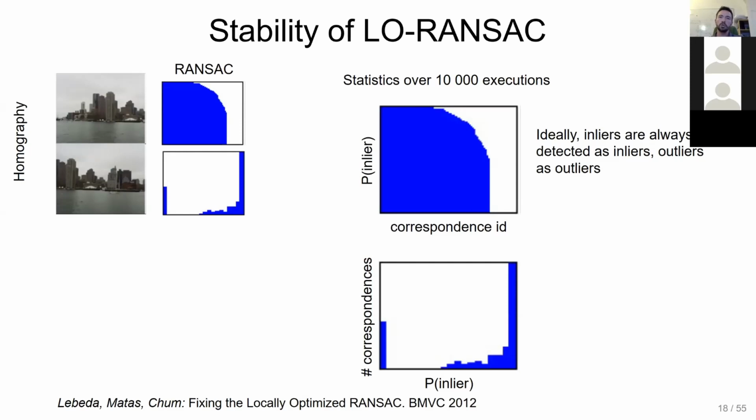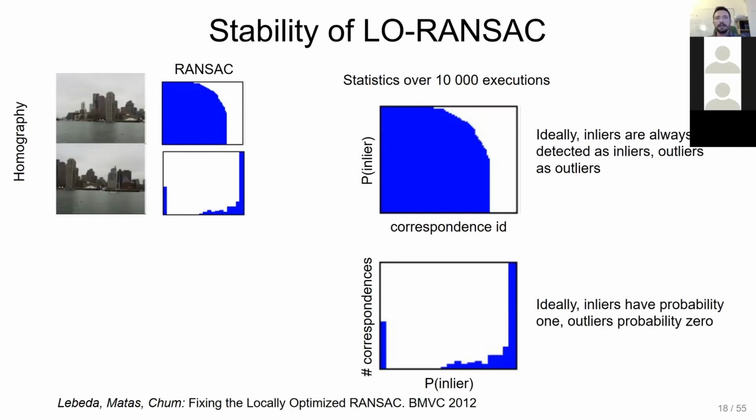The second plot shows, over those 10,000 executions, each data point was labeled as an inlier a certain number of times. This is on the x-axis, and how many correspondences were labeled this many times is on the y-axis.